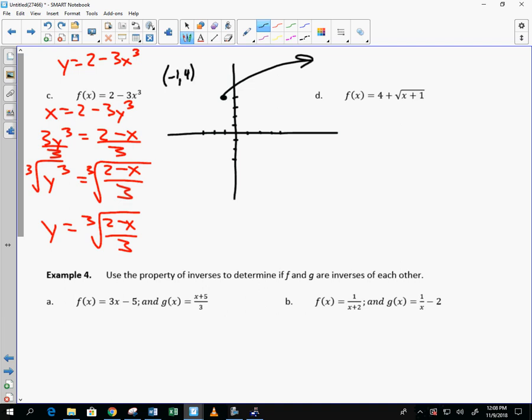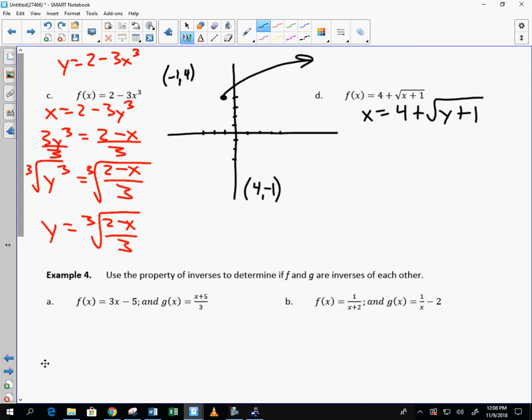Well, if what we've learned about inverse is true, then this next one, instead of starting at -1, 4, it should start at 4, -1, right? Because the x and y values switch. Let's see if that happens. I've got x equals 4 plus the root of y plus 1. What do?